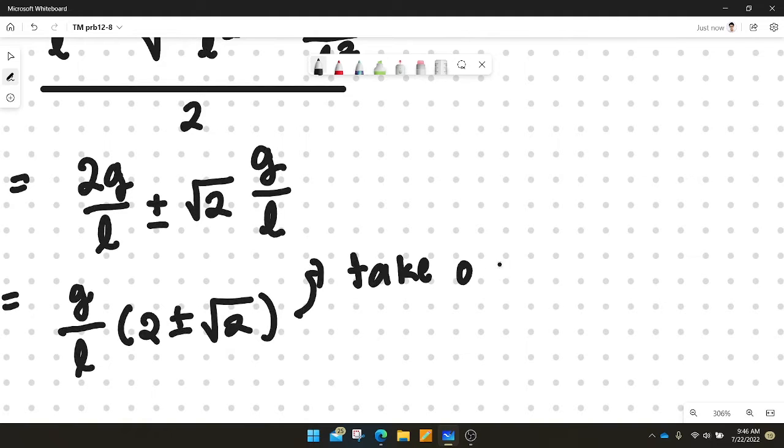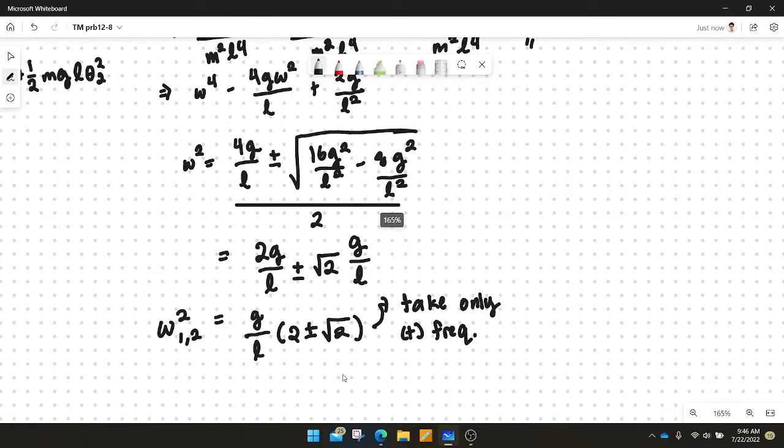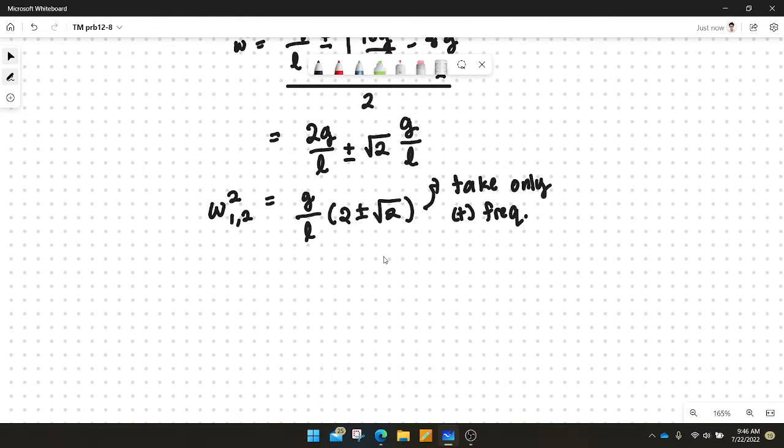take only positive frequencies. There are no negative frequencies for the oscillations, so even if we square root these further, we're only taking the positives.